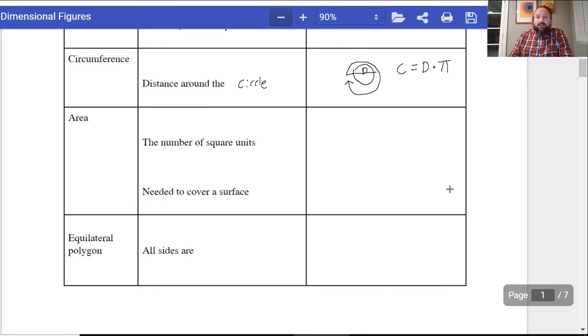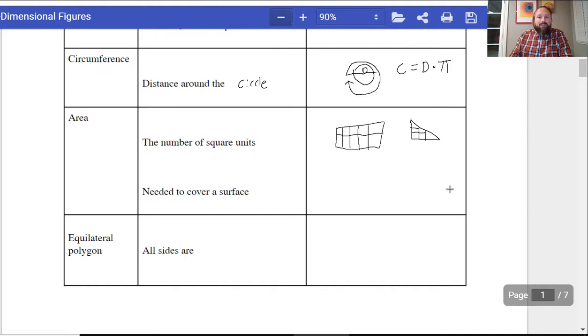That's it. If we had a square or a rectangle, that's pretty easy. We understand there's this many. If we had a triangle, it might be a little bit harder to figure out.